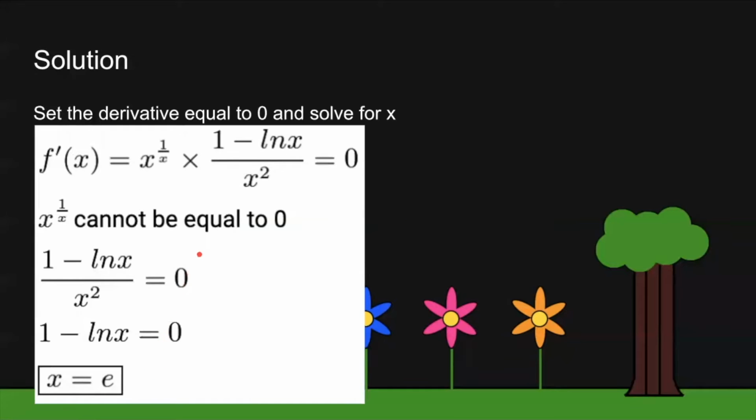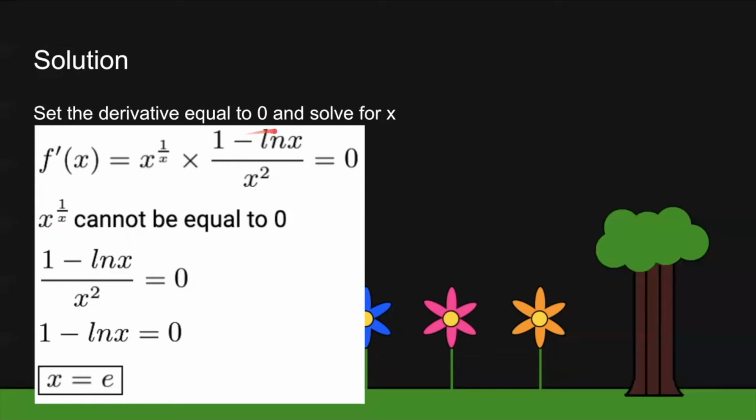All right, and then set the derivative equal to 0 and solve for x. So x to the power of 1 over x cannot be equal to 0. You could argue that x equals 0 would work, but however, that means that the exponent is 1 over 0, which is undefined. So there are technically no values of x that satisfy this being equal to 0.